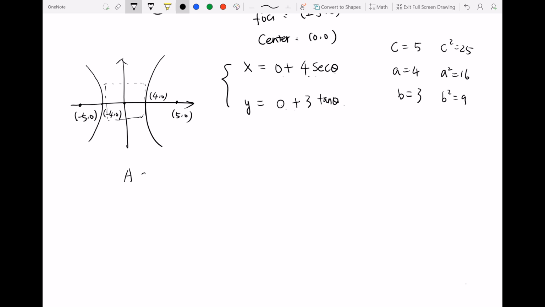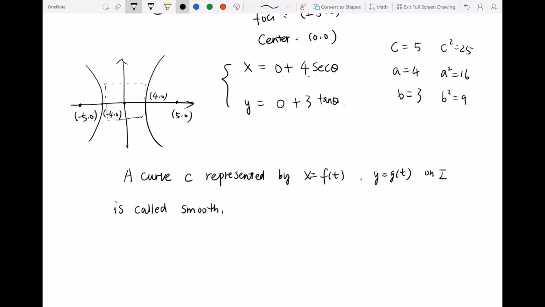So if a curve C is represented by x equals f(t) and y equals g(t), so basically we have a parametric equation represented by t, and this curve is called smooth. What's the meaning of smooth? Continuous. Okay, kind of, it's even more strict than continuous.